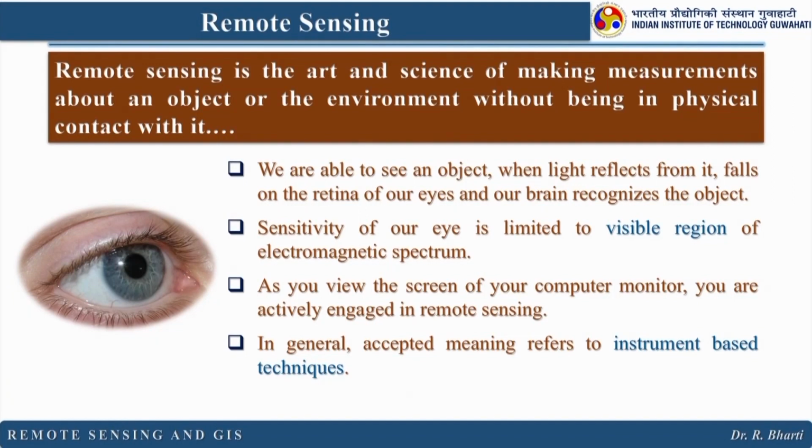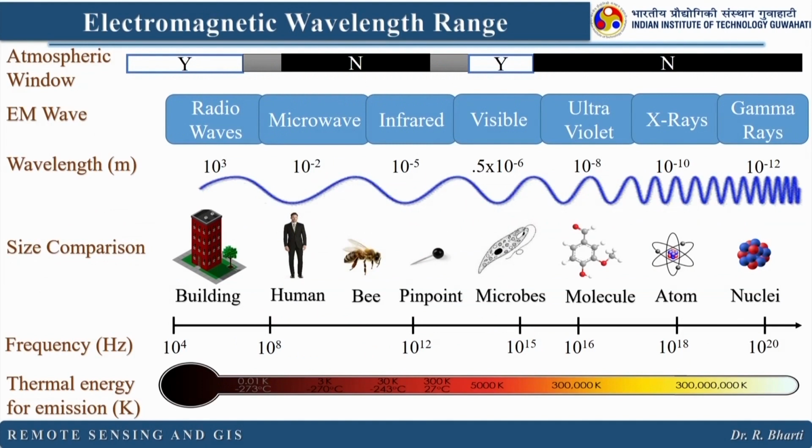So, in general, the accepted meaning in remote sensing refers to instrument based techniques. I hope you are familiar with this. Here we have radio waves, microwave, infrared, visible, ultraviolet, X-rays and gamma rays. Here you can see the information which can be captured using this electromagnetic wavelength range.